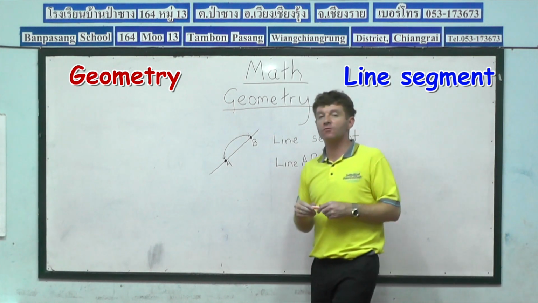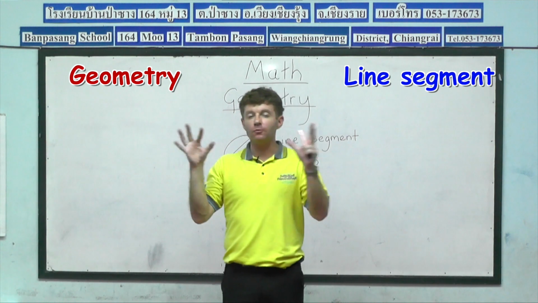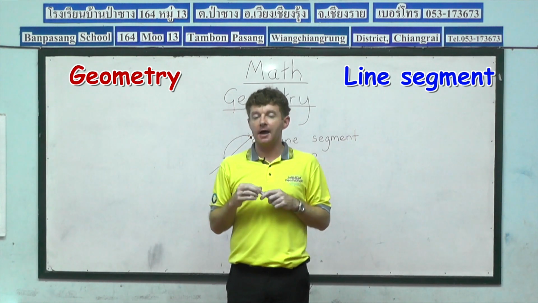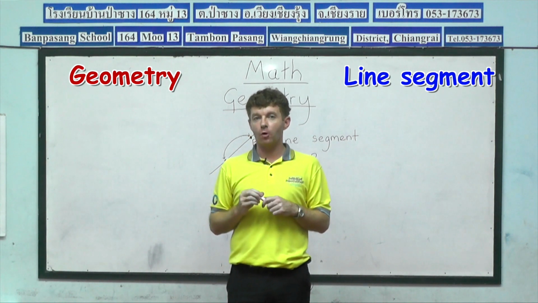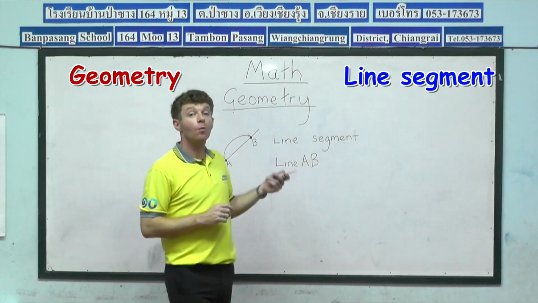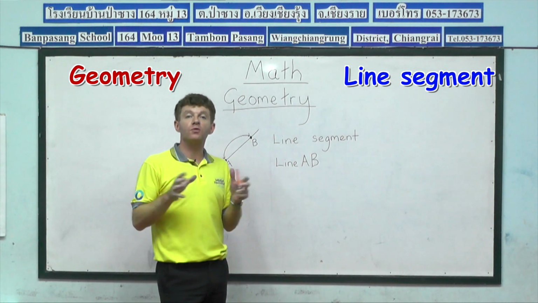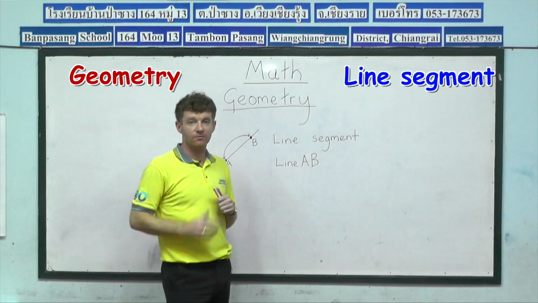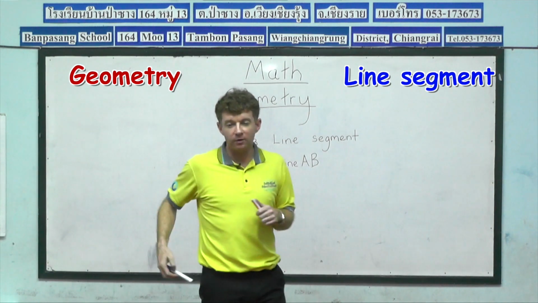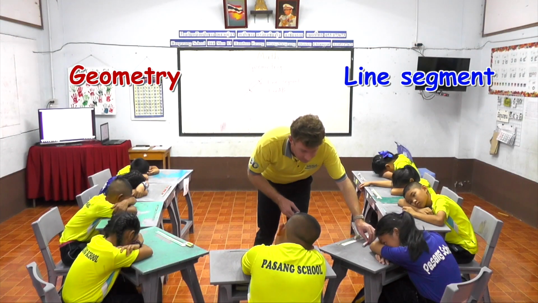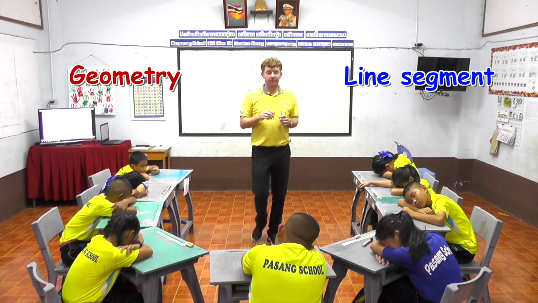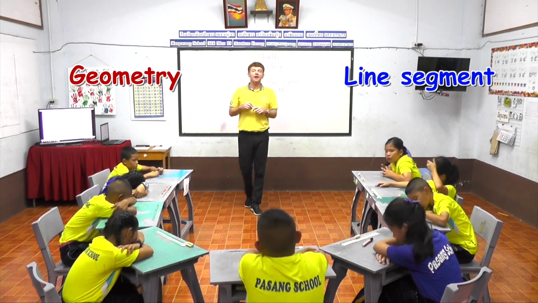And what I'm going to do now, I'm going to ask my students to close their eyes. And we'll have one student come forward and demonstrate what knowledge we've learned to do their own line segment. So let's see, who can we choose? Okay, let's open our eyes.